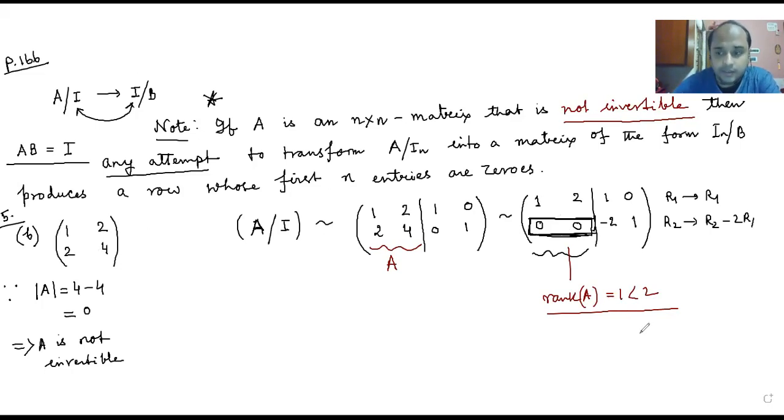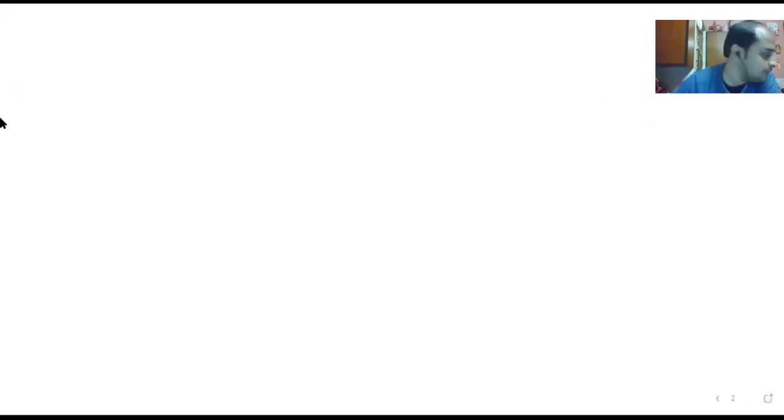Okay, now I'm going to ask you to solve one or two problems by yourself. So I'm giving you one problem. Say, for example, first of all, you can check with this matrix: 1 2 1, 1 3 4, and 2 3 -1.